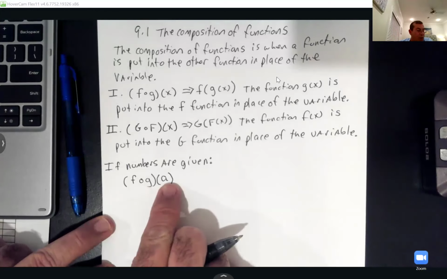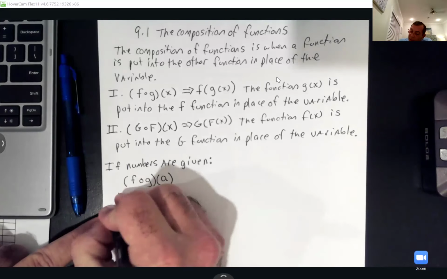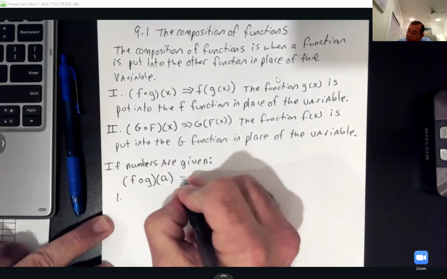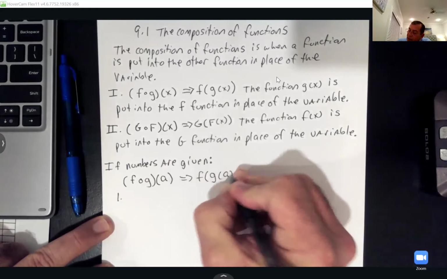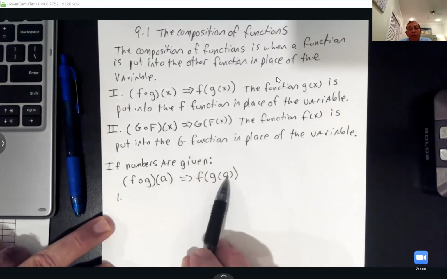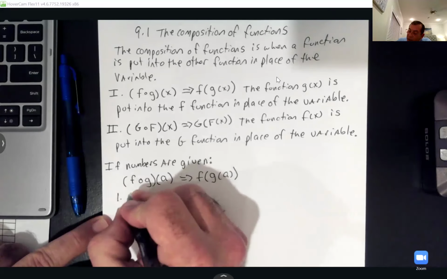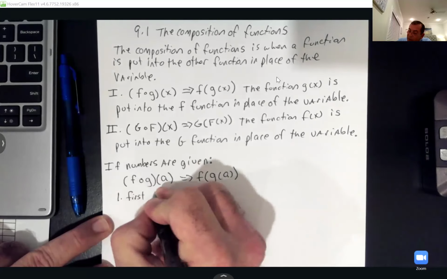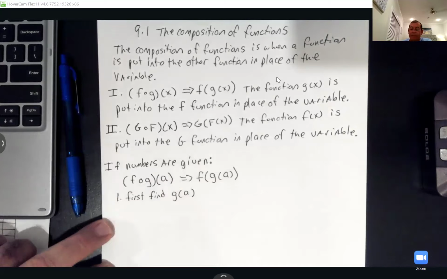But y'all, if they give me a number instead of an x here, the first thing we do, because remember, this is like f of g of A. But they give me a number for A, so that means the first thing I'm going to find is the g of A. So first, find g of that number.